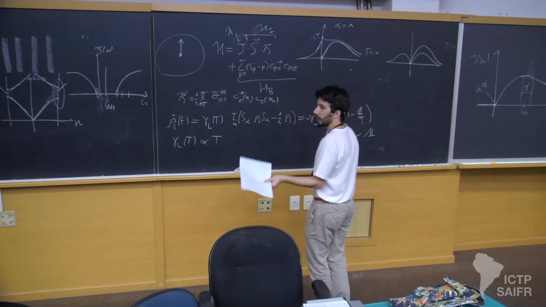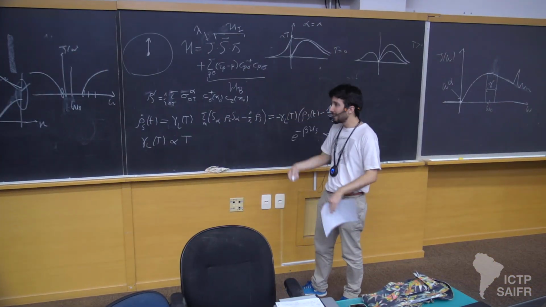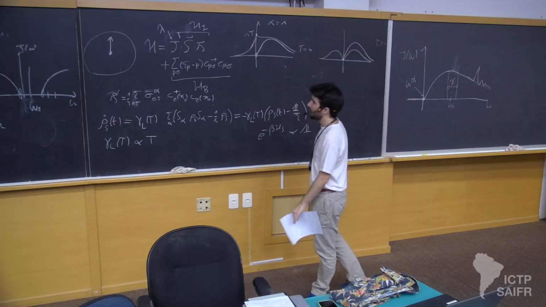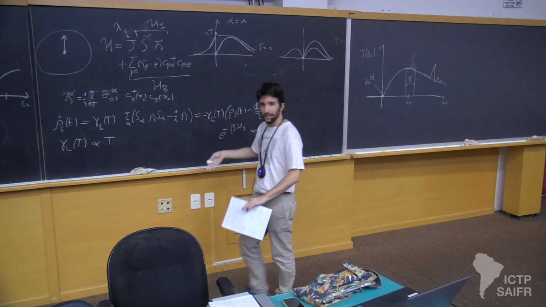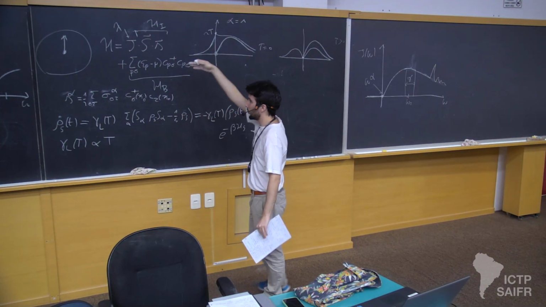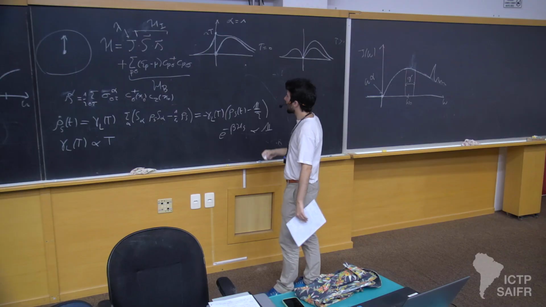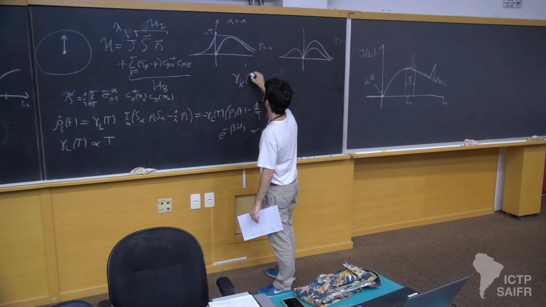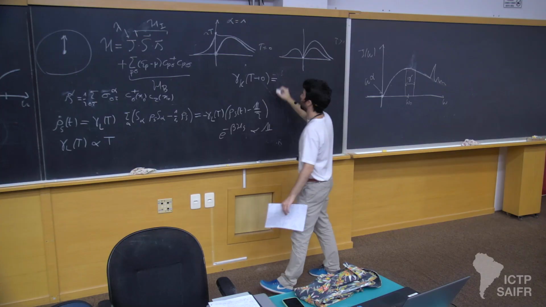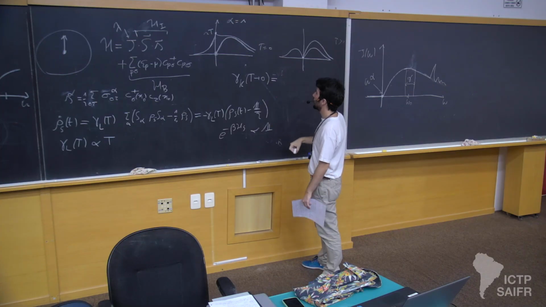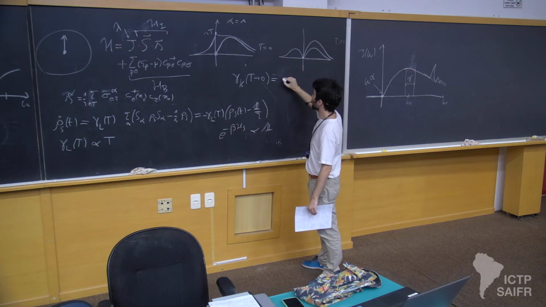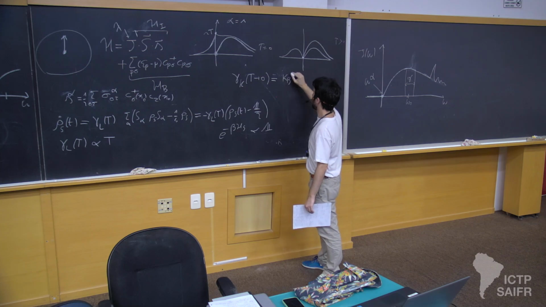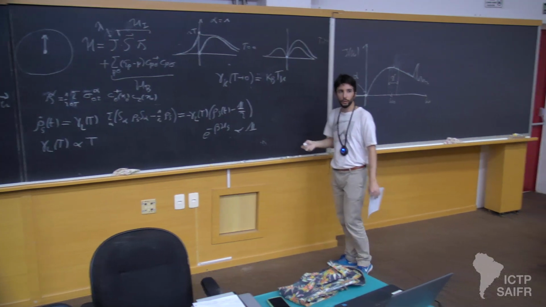Now you look at the exact solution of this, or let's say a better method that allows you to work out the dynamics, and you will find that actually there is a zero temperature rate of decay, and it's given by the so-called Kondo temperature.